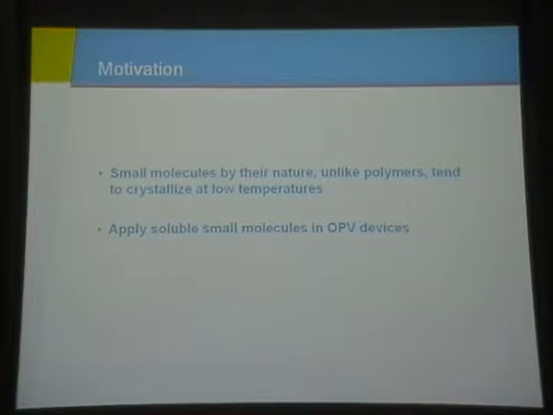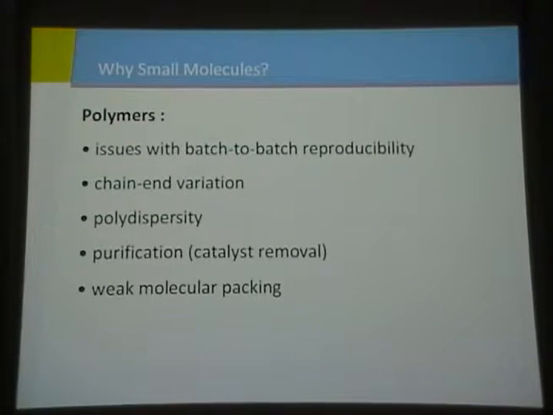So we apply these small molecules in organic solar cells, and we asked the question, why in the first place did we choose small molecules? We have a list, but don't take it very seriously. Polymers have several issues. It's difficult to produce the same batch of polymer each time. It's a bit challenging still today.